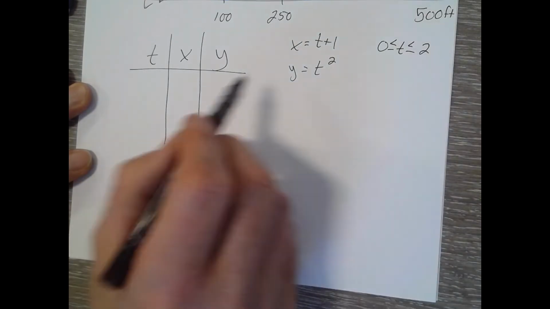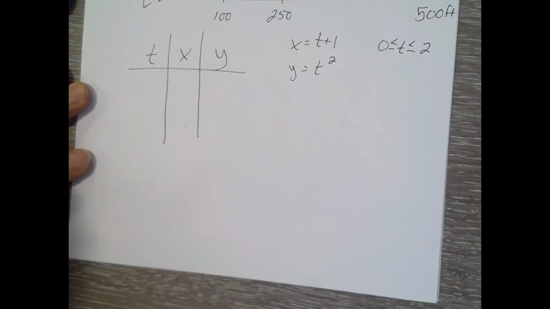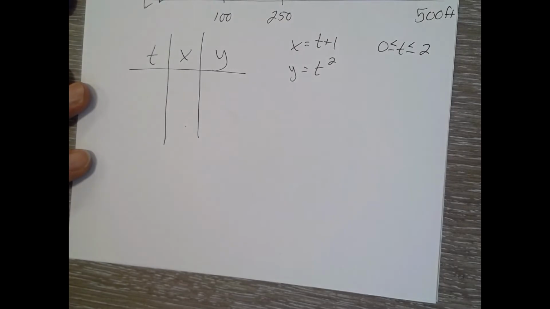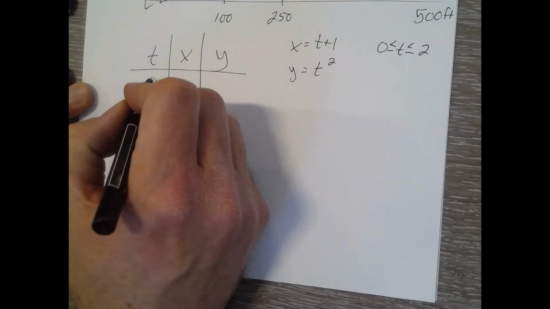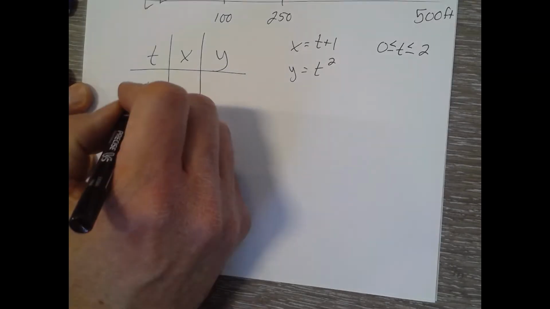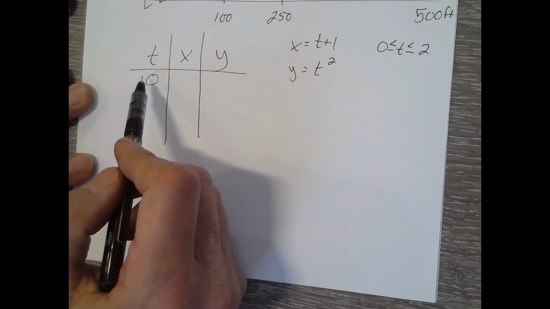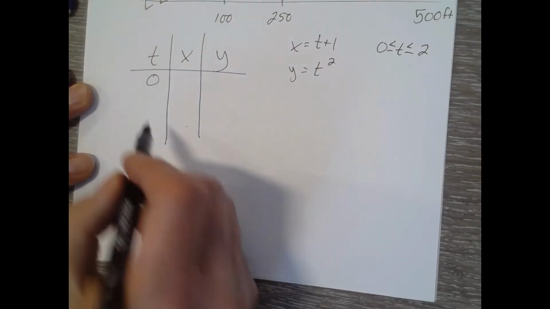So if I was going to just make a table, it's no longer an xy table, it is a txy table. My first t value, what's my last t value? 2. So I'm going to go from 0 to 2. Very good.